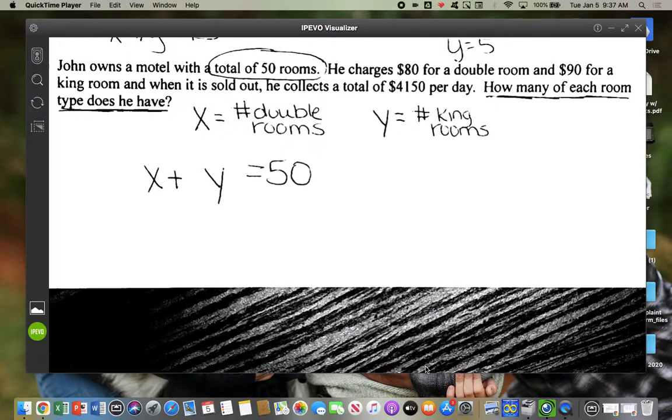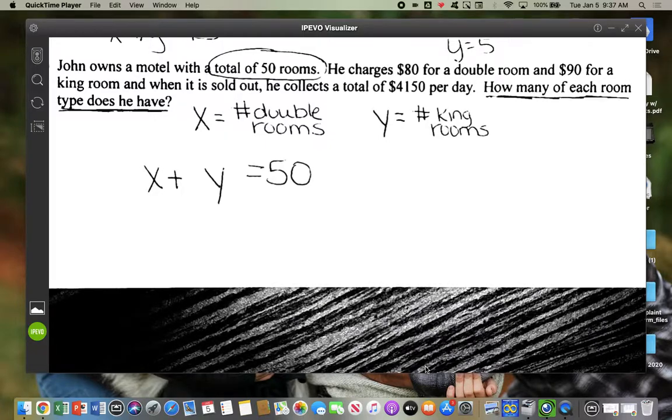So we know that we have a total of 50 rooms. The double rooms plus the king rooms is going to be equal to 50. Now on the second equation, that second sentence, everything has to do with money. It tells us how much we charge for each room, and then it gives us a total money collected.